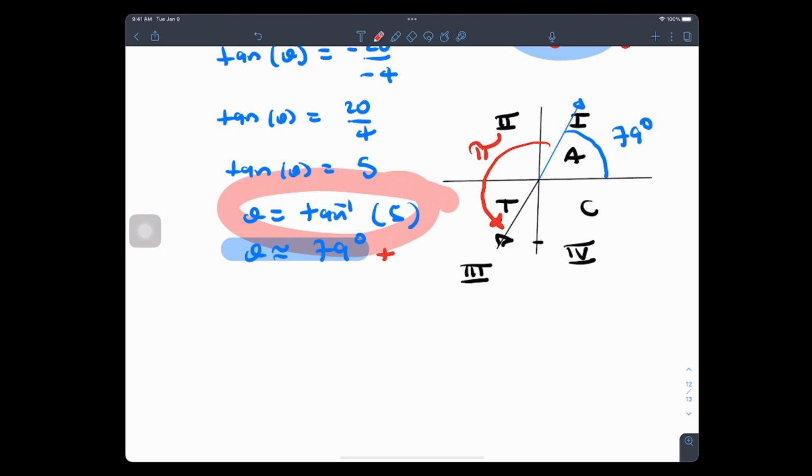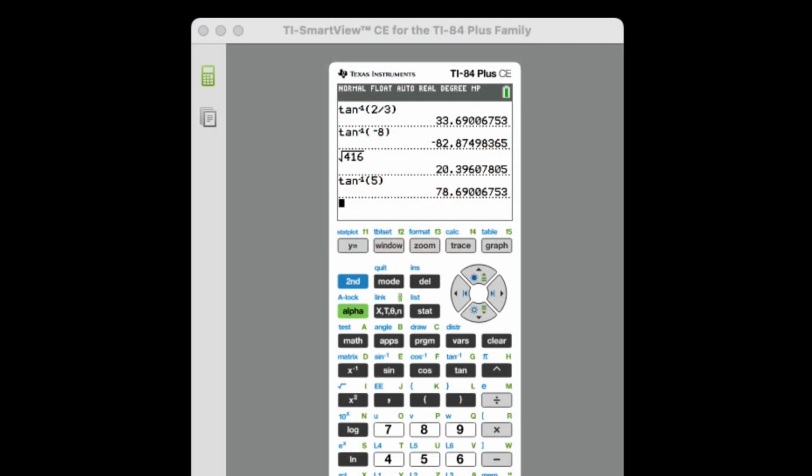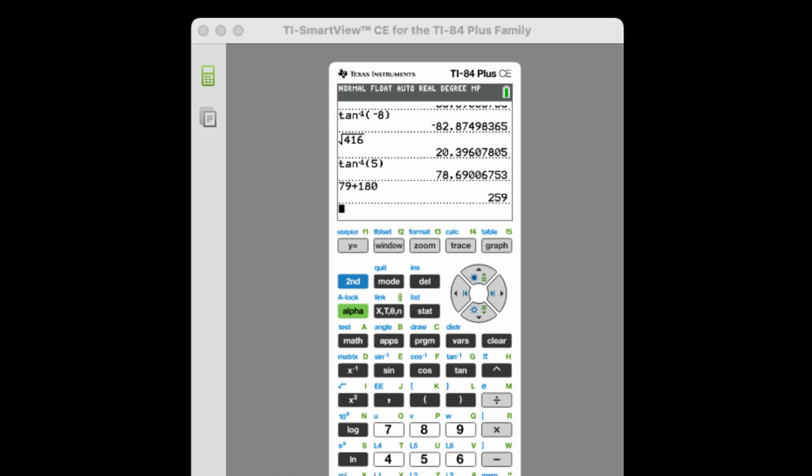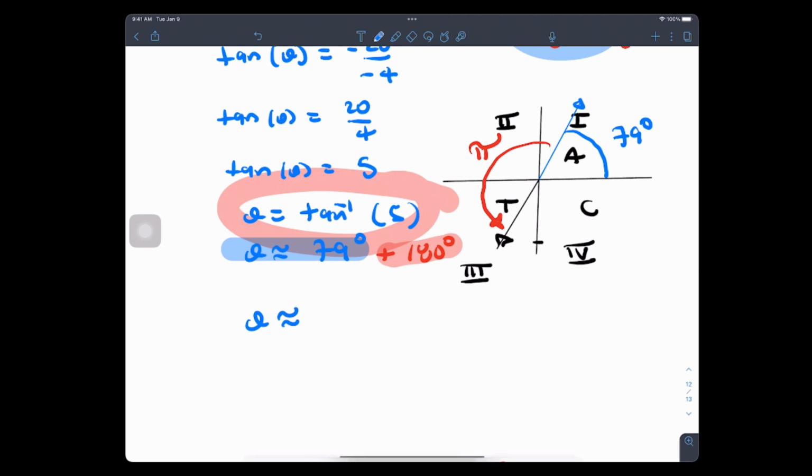You add how many? This is the move. You add 180. So your calculator may be helpful in getting the answer, but it certainly is not the authority. Your brain is the authority. So the true direction of this vector is really what? 259 degrees.